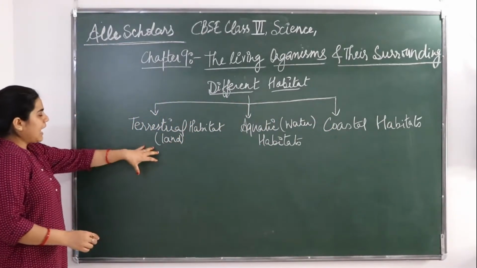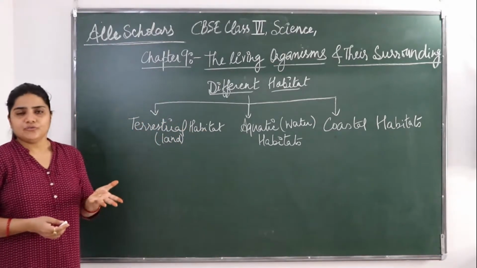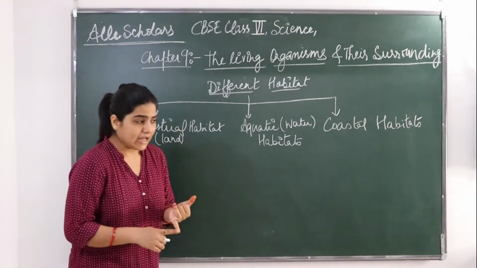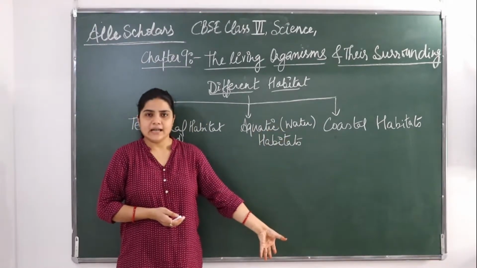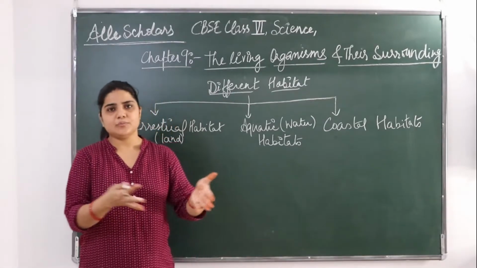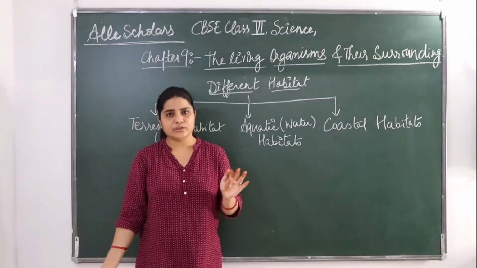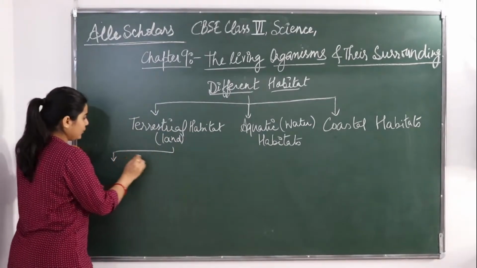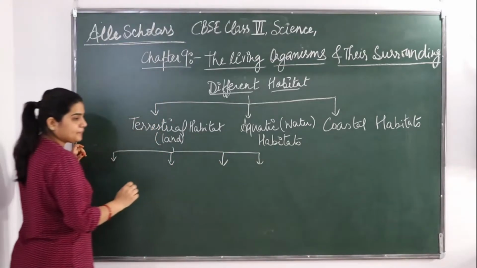If we talk about terrestrial habitat, land can be of many types. It can be a desert land, it can be a mountain region, or it can be a grassland, or it can be a forest region. People live on land in forests, in deserts, and in grasslands, which is also land. So terrestrial can further be divided into how many types? 4 types.